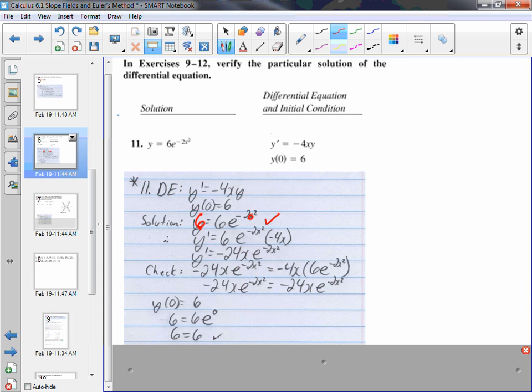Yeah, but see, that would just be verifying that the initial condition made sense. I guess we do have to do it this way. So we've verified that the general solution makes sense, and then we verified the initial condition makes sense. I guess that is the way we have to do it.